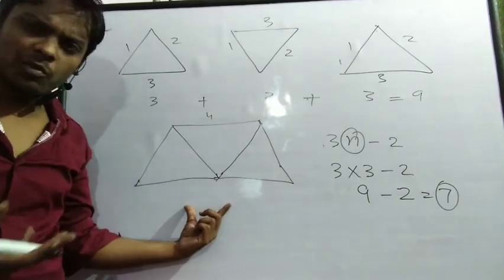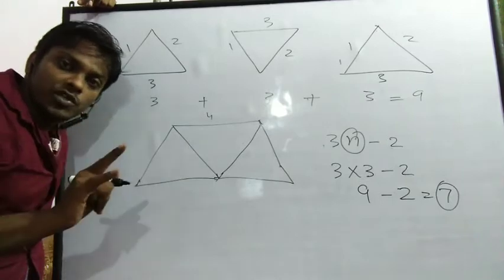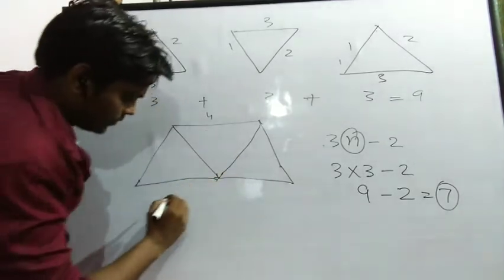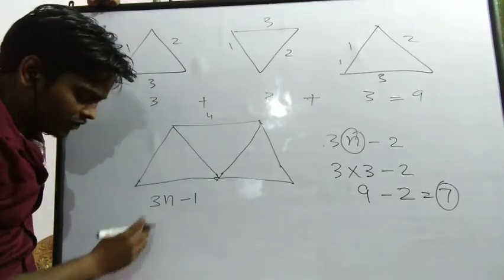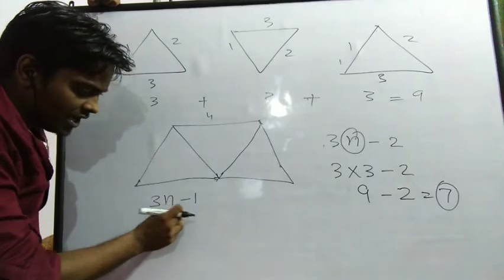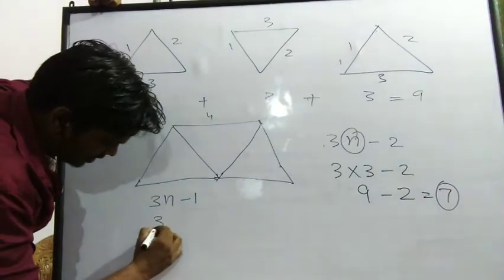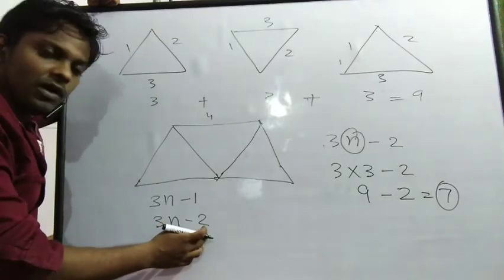So what kind of formula is it? See, if you want to join two triangles, that will become 3n minus 1. For 3 triangles, 3n minus 2. When n is equal to 3, then you have to subtract 2.